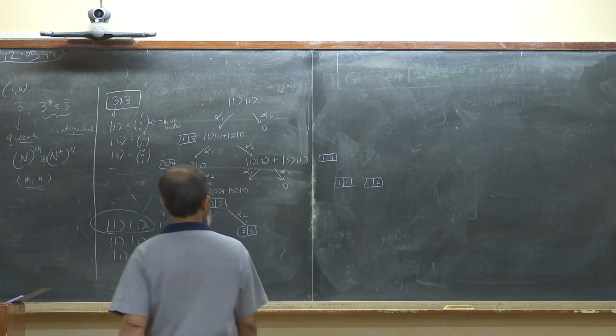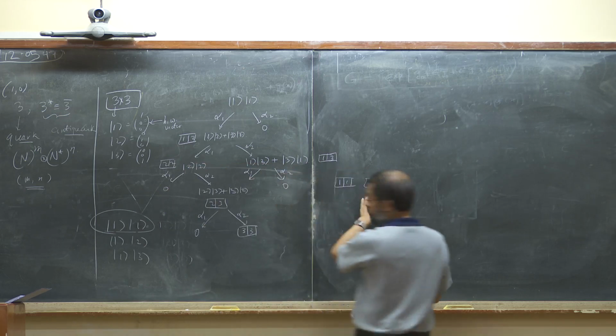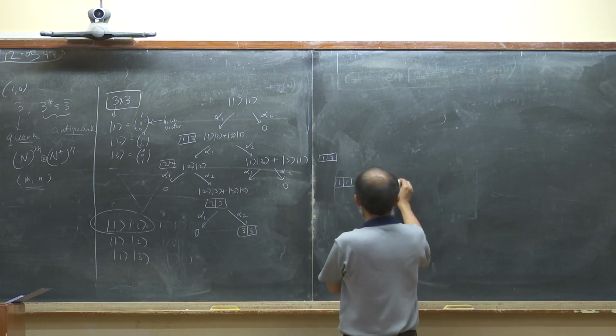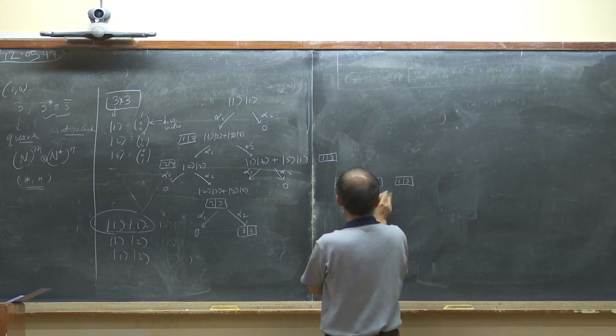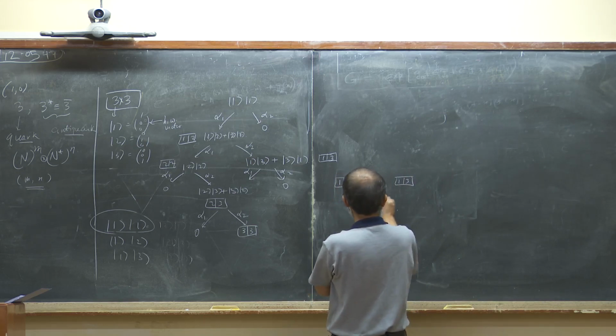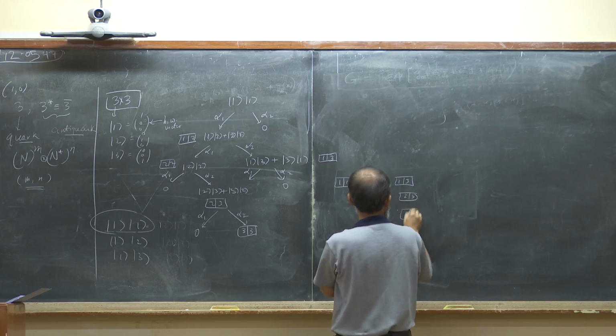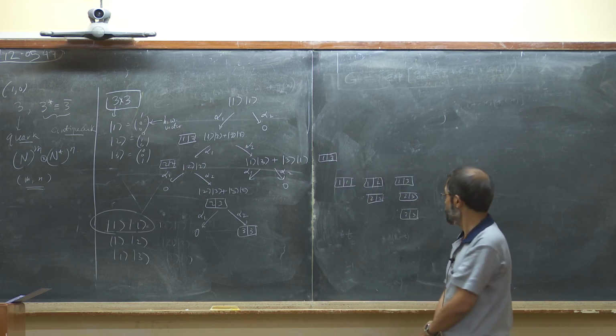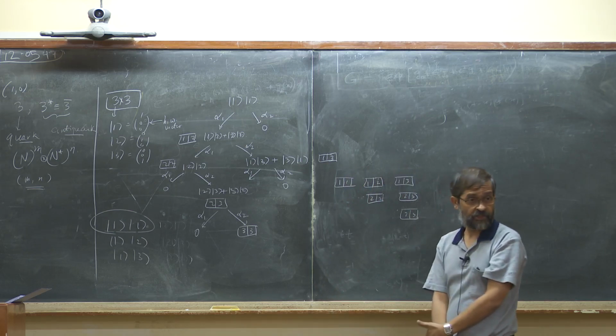So when I write a box like this, it means ket 1, ket 2 plus ket 2, ket 1. And then of course I should have 1, 3, and then of course 2, 2. So 2, 1 I am not going to write, 2, 2, 2, 3 and 3, 3. So it's a 6-dimensional representation.